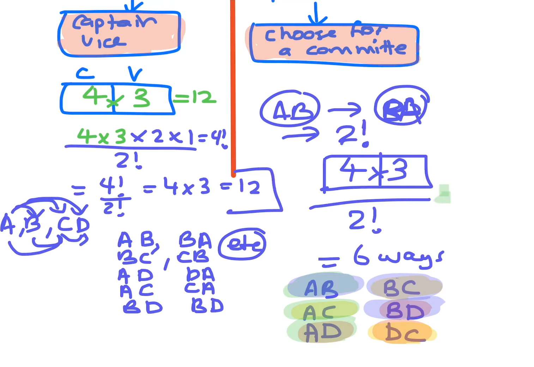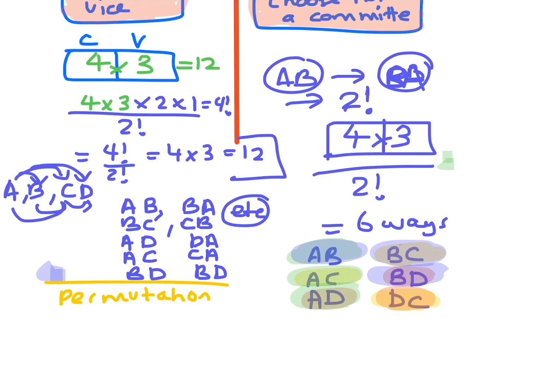And I just want you to think about this further on. If we look at this one here, which we call the permutation, the permutation for this was equal to 4 factorial on 2 factorial.